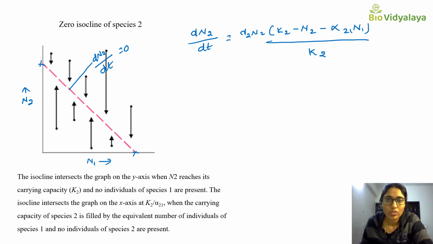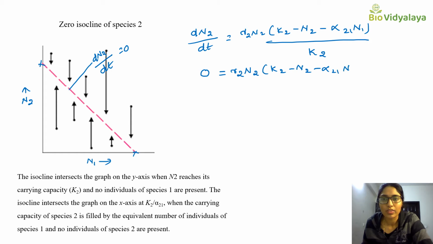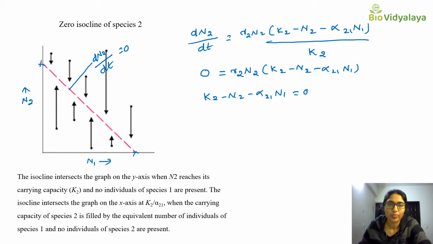Here dN2 by dt is equal to 0, so 0 is equal to R2 N2 into (K2 minus N2 minus alpha 21 N1). That means K2 minus N2 minus alpha 21 N1 is equal to 0.